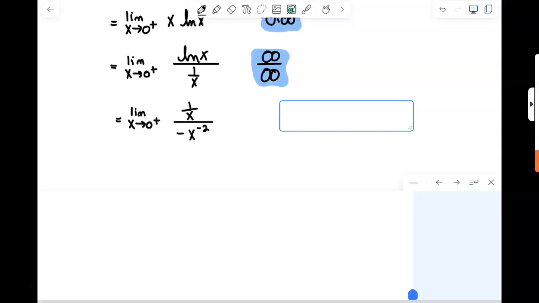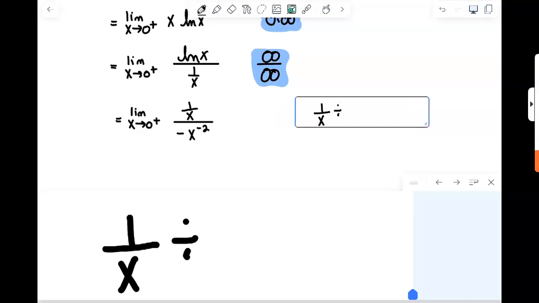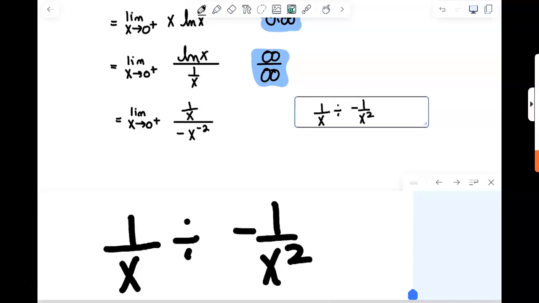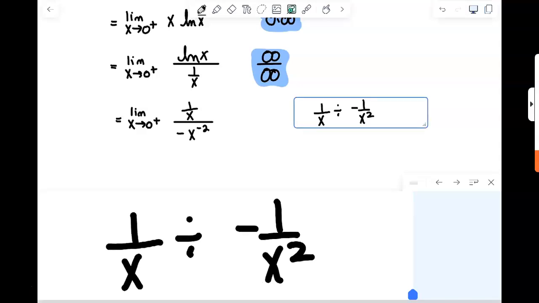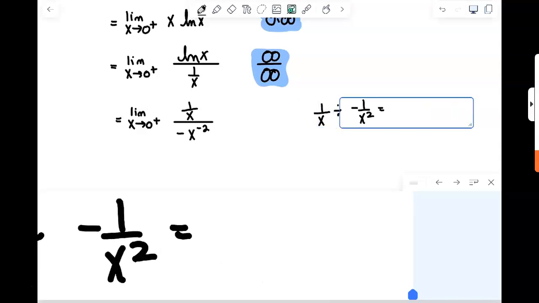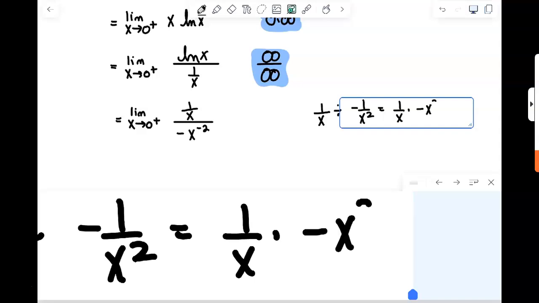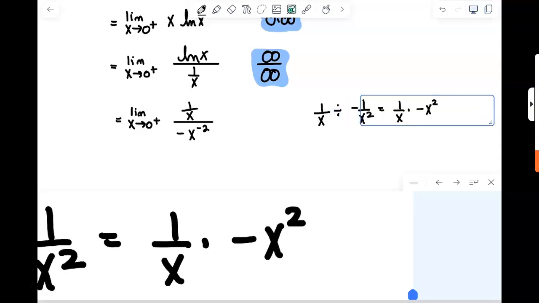We have 1 over x divided by negative 1 over x squared, which would be 1 over x times the negative of x squared, which would be negative x.